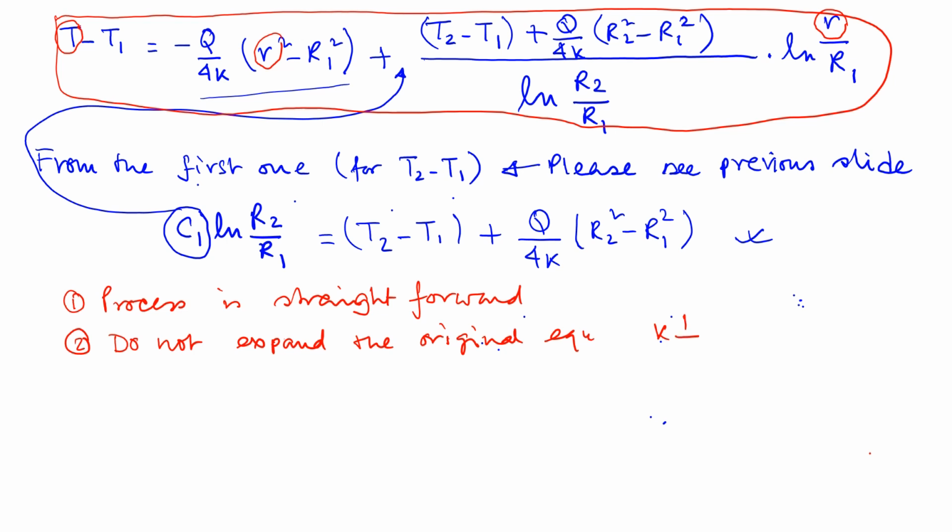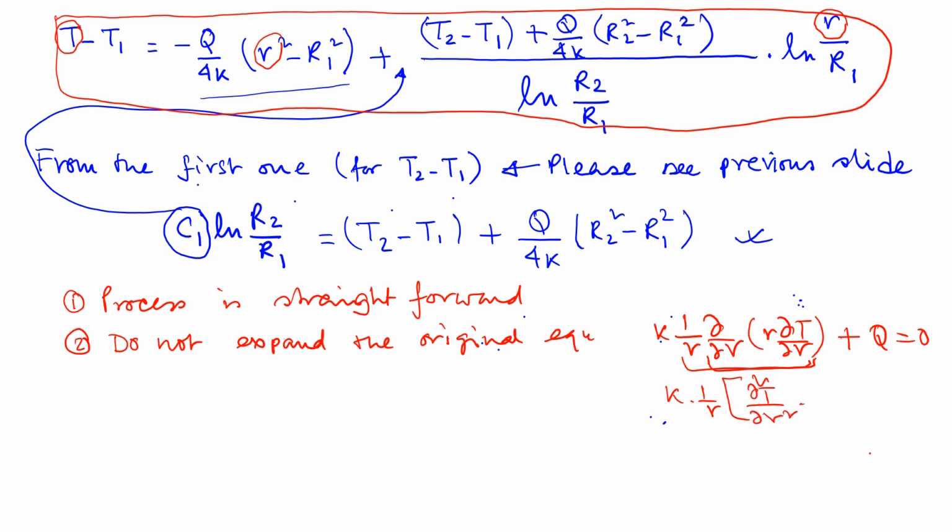Remember, the term was k times 1 over r del del r of r del T del r plus q equal to 0. Do not expand this, meaning you don't write k times 1 over r del square T del r square plus del T del r.